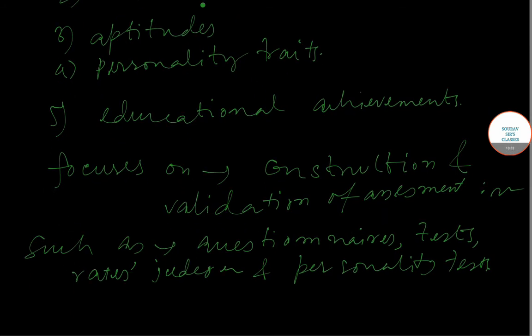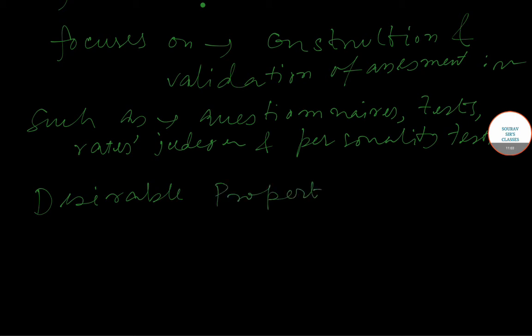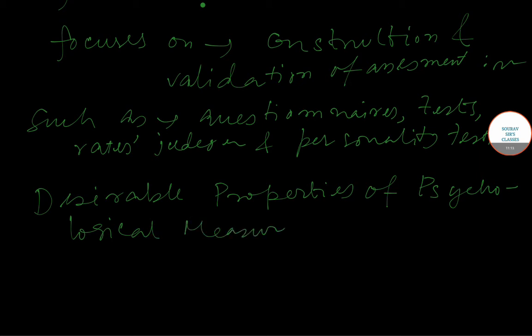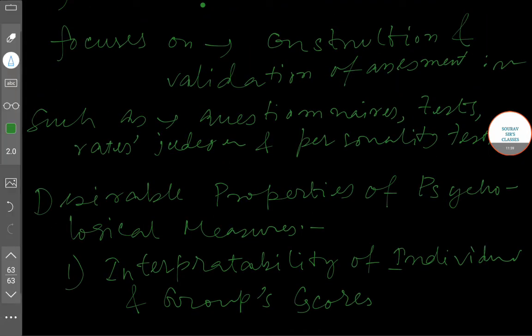There are some desirable properties of psychological measures, such as interpretability of individual and group scores, population norms.